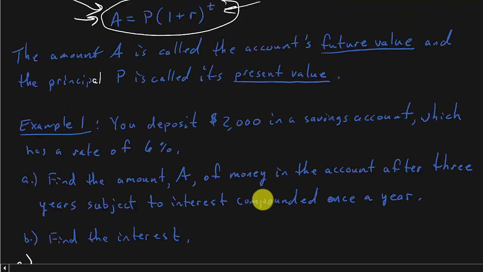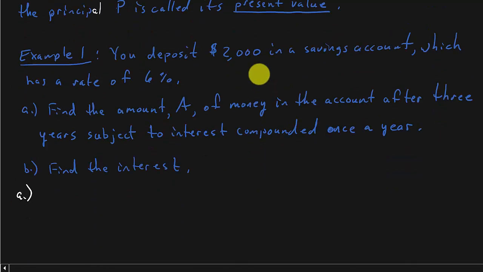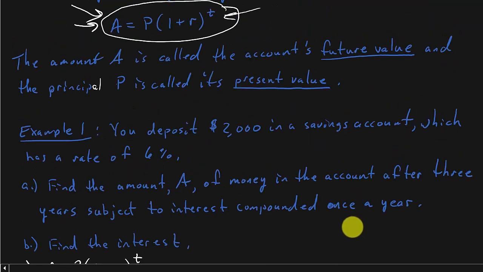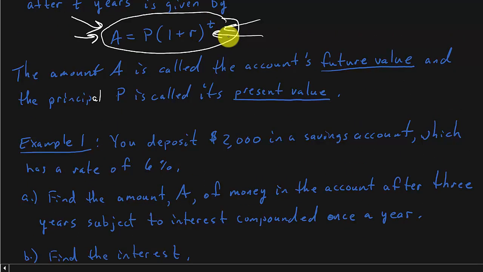So for part A, we're going to use this formula here. So I've got A is equal to P times (1 plus R) raised to the T. All I did was write this down. Remember, P is your principal, R is your interest rate, and T is the time.